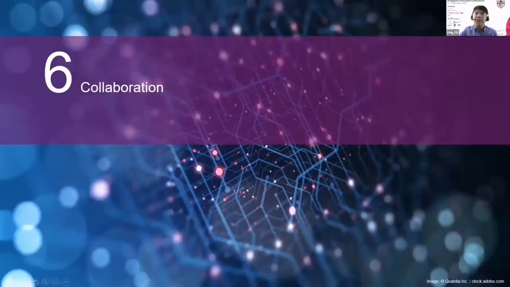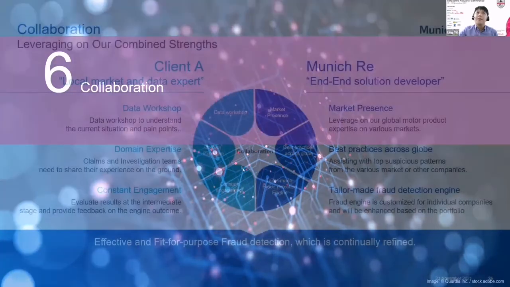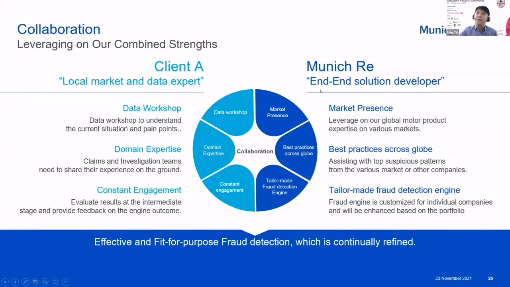Lastly, the collaboration. Because of Munich Re, we have market presence across the region, and we also have best practices from the technology and analytics perspective. We can also offer a tailor-made fraud detection engine for the individual customer.